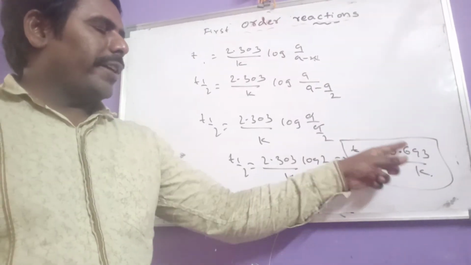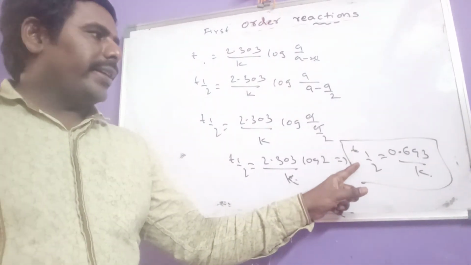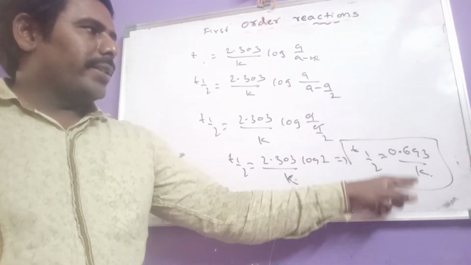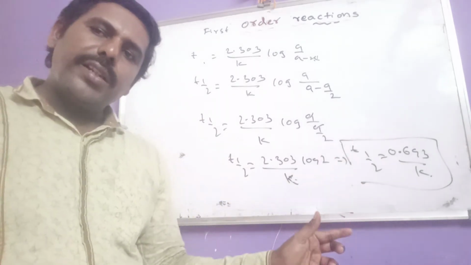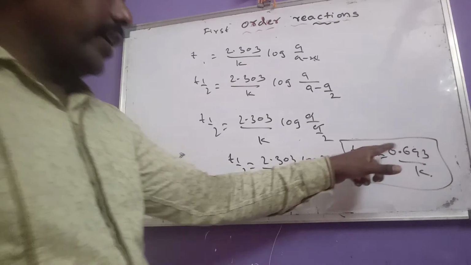Upon observation we come to know that for first order kinetics, the half life is independent of initial concentration, because there is no initial concentration term.